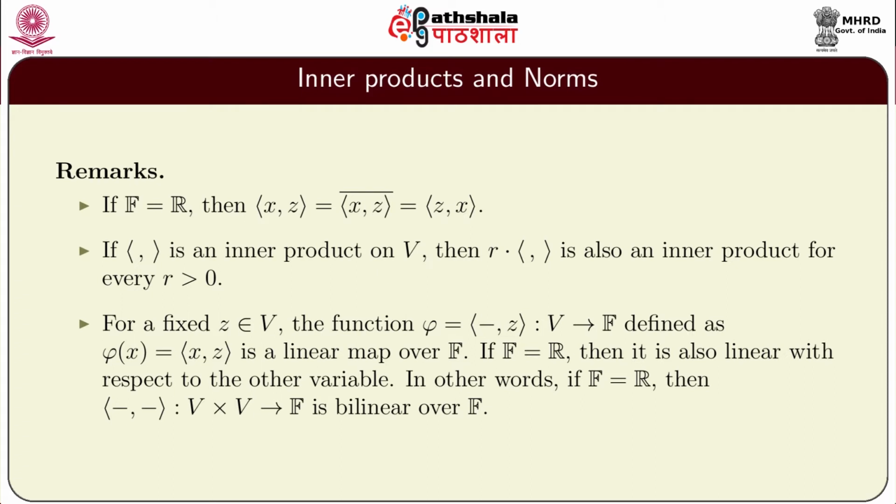In other words, if F is the field of real numbers, then this inner product function from V cross V to F is a bilinear function over the field F. So, what is bilinearity? Bilinearity means separately linear in each variable.